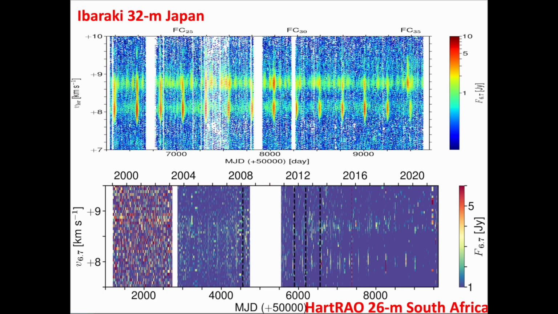If we were playing that game of spot the difference, once I've zoomed into the area of interest, it's very obvious the difference between the HartRAO data on the bottom and the Ibaraki data on the top. Clearly the Japanese data has more sensitivity. We can see the extra flaring going on between the primary flaring at 243 days. We can't see that at HartRAO. So it's that simple.